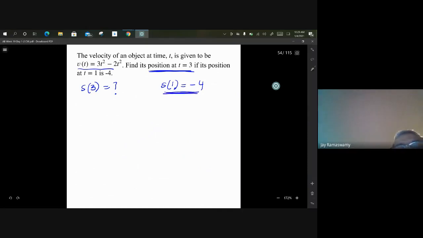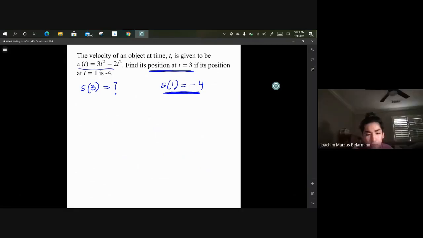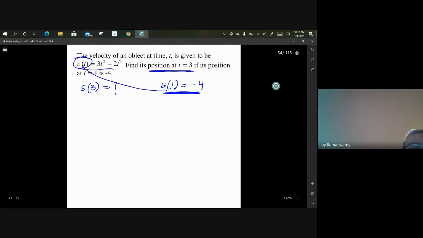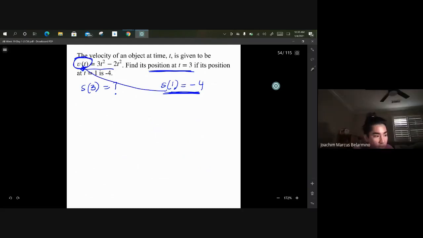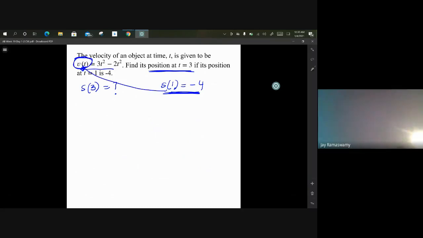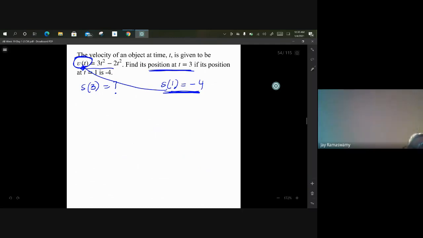Now, helping you make connections. Have they given us a starting value? Yes. Have they given us its derivative? Yes. So should you use the net change corollary then? Yes. So look at the board so you observe the connection. S of 3, the ending value, equals S of 1 plus, take the ball and run, the integral from 1 to 3. Is that going to be S dash? Yes.